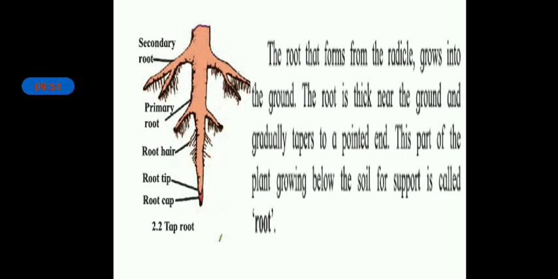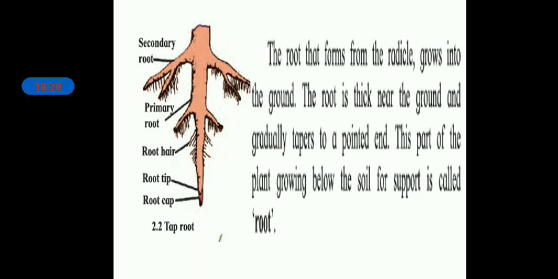Okay, understood? The roots are those which grow from the radicle. And what's the radicle? That grows from the seed towards the soil. Inside the soil is the radicle, and from that radicle the root will form. The root is thick near the ground, and as we go down it goes on tapering, and finally it's a pointed tip.